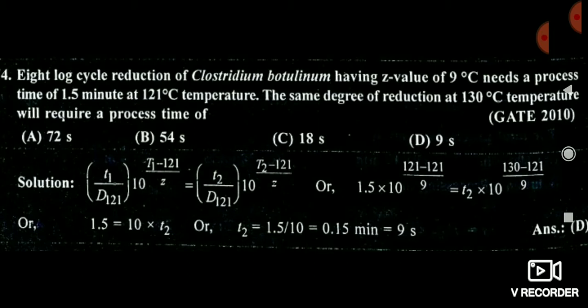And the D121 value is given, that is 1.5 minutes, and Z value is given, that is 9. So all values are given and you have to calculate the T2 value, means the processing time at the temperature 130 degree centigrade. And friends, it is very easy.